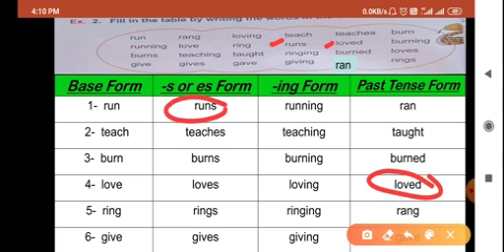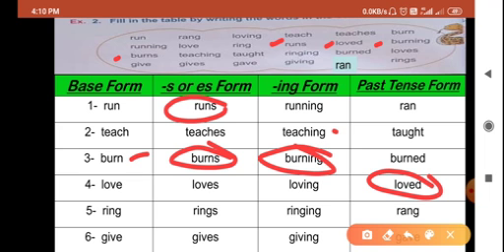And burning. Burning, the ing form of burn. Next, burns. Burns is the S or ES form of burn. Teaching, the ing form of teach.